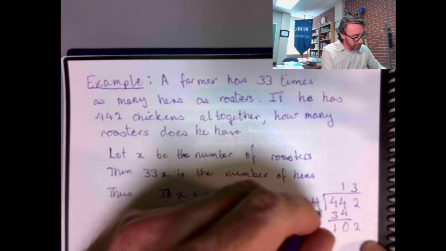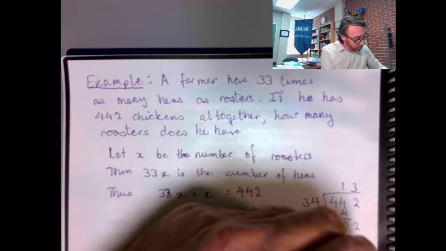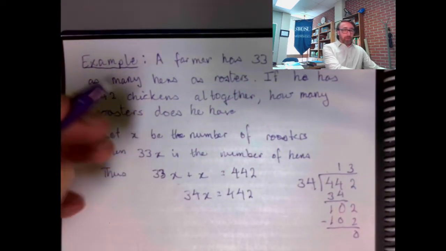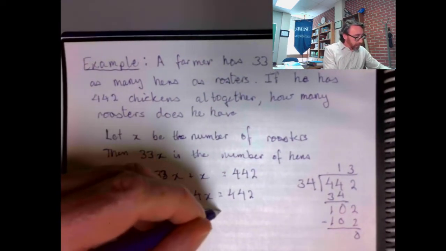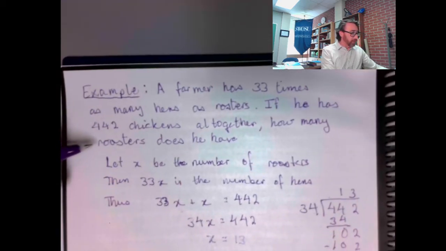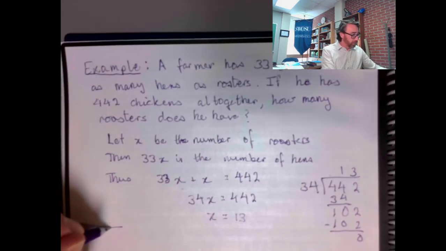So 90 plus 12, 102. Goes in evenly. So that tells me that X would equal 13, and that answers my question. It says how many roosters does he have?